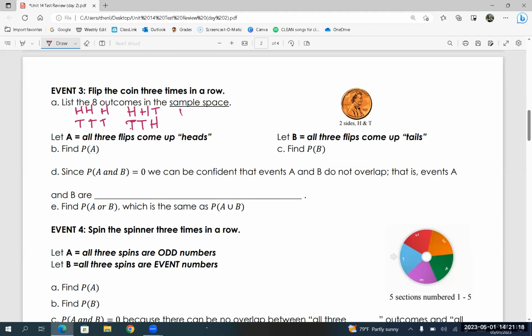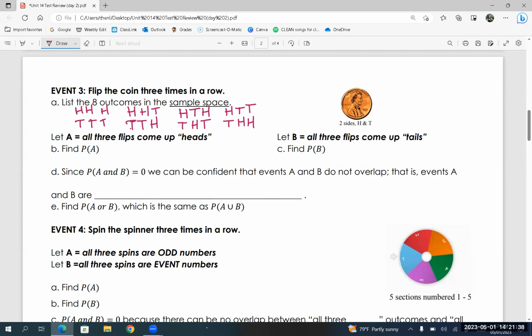Maybe I get heads, tails, heads. Maybe I get tails, heads, tails. And last scenario, I could get heads, tails, tails, or tails, heads, heads. Okay, so those are all the possible outcomes of flipping the coin 3 times.